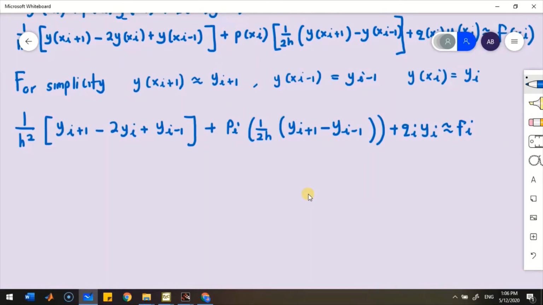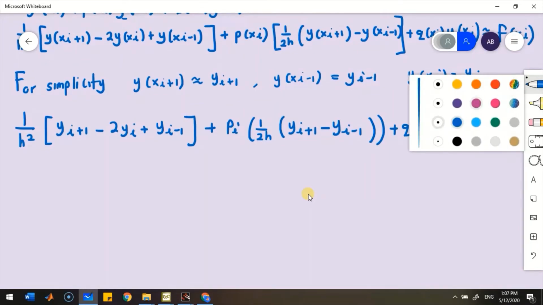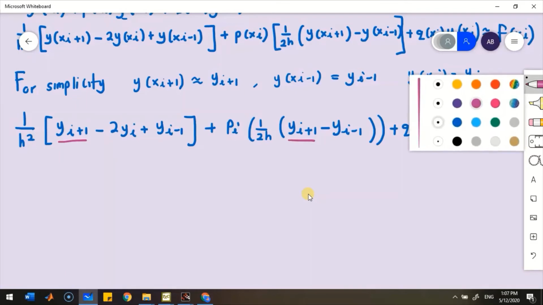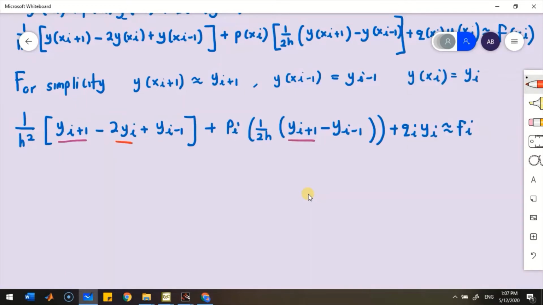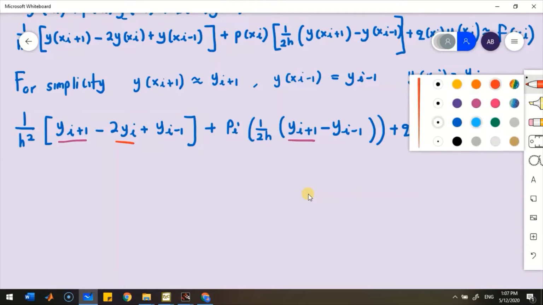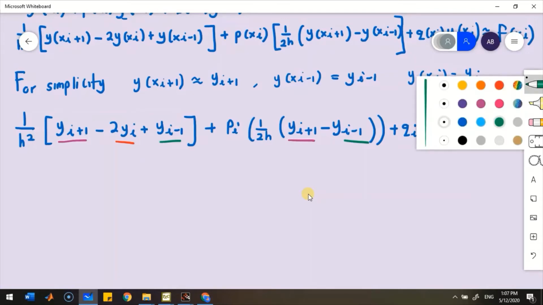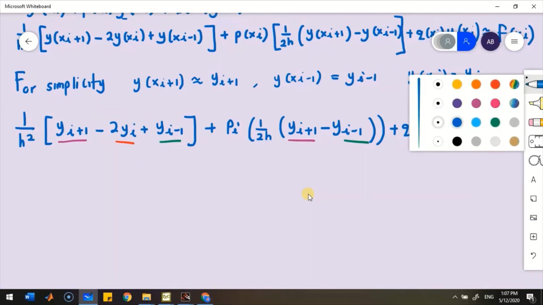Now collect the common terms and factor them out. What are the common terms here? We collect the terms involving yi plus 1, the terms involving yi, and the terms involving yi minus 1. So let's collect yi plus 1.